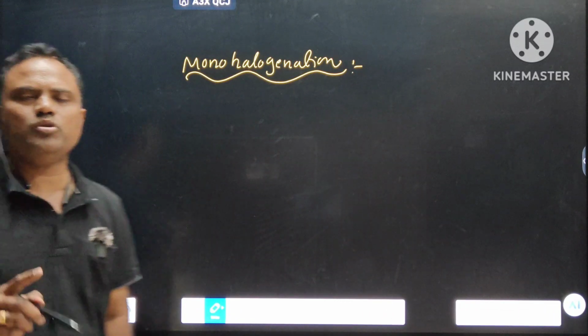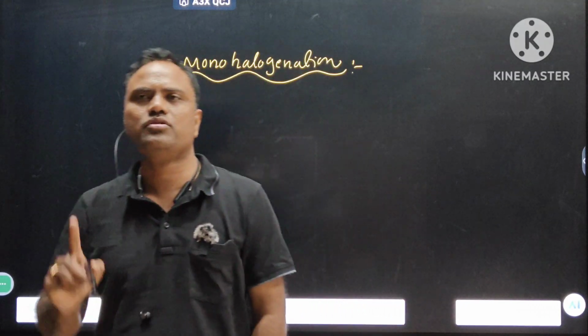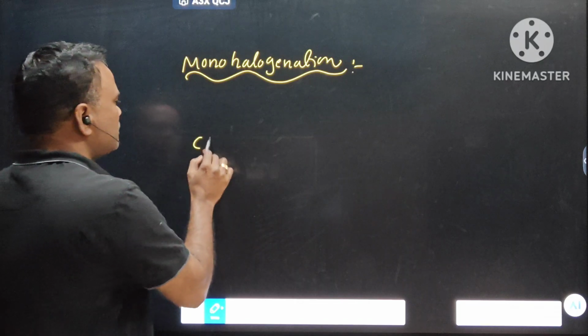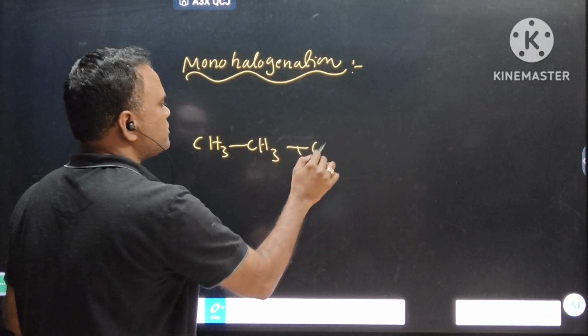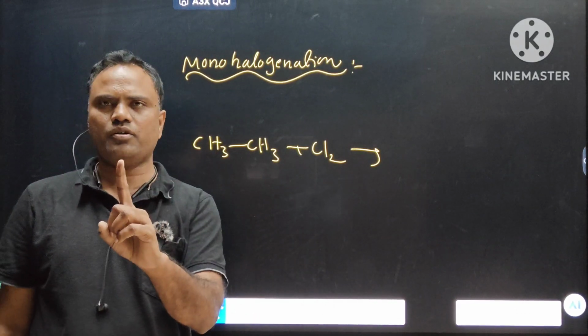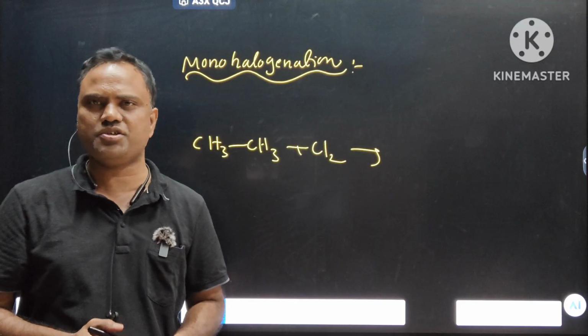Now see one small topic, monohalogenation. Monohalogenation means removing one hydrogen at a time and attaching one halogen at a time. This is called monohalogenation. For example, look at this. I have 6 hydrogens, but I have to remove only one hydrogen and attach only one chlorine. That is called monohalogenation.